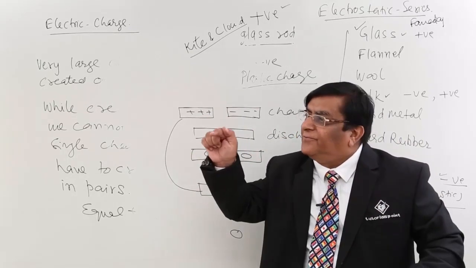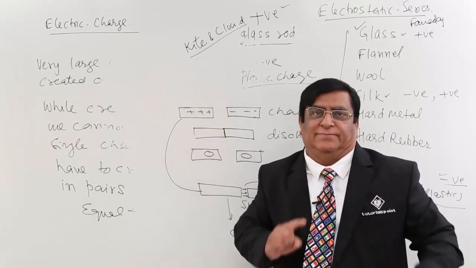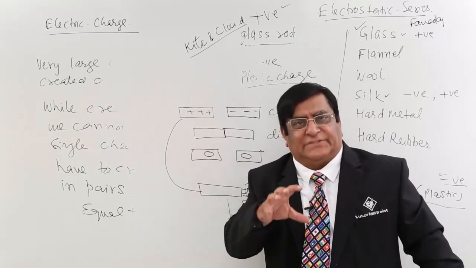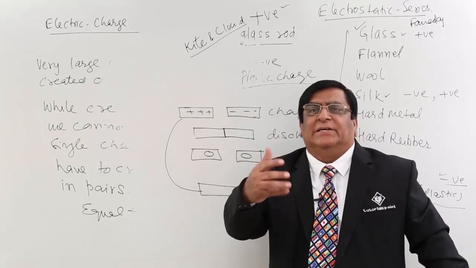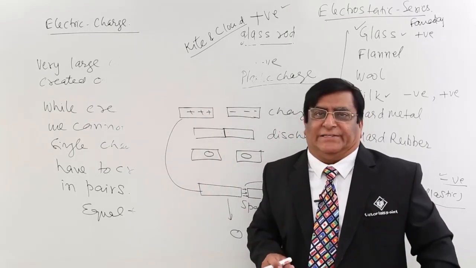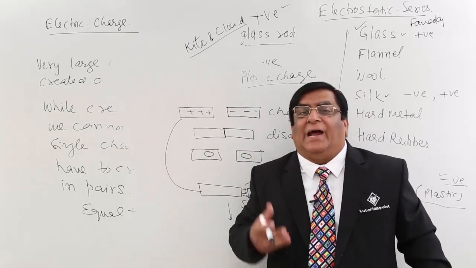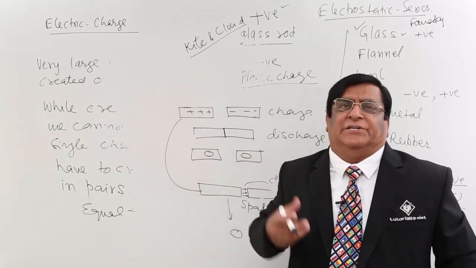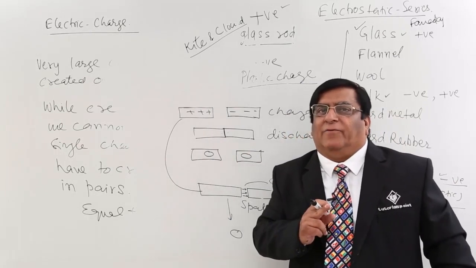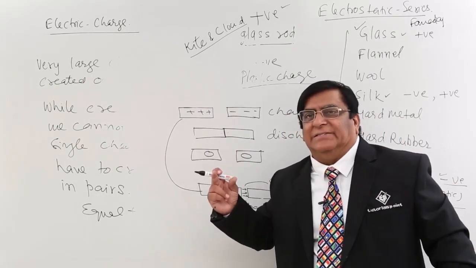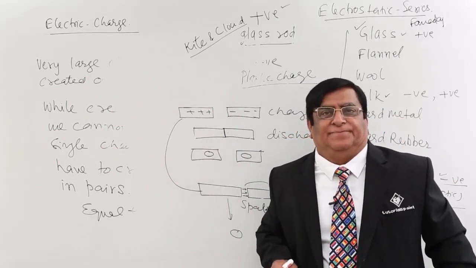And after that, if you touch it, you will get a shock. We have such things even now in physics. When you go to BSc or the higher classes, you will see those electrostatic generators, and they give very severe shocks. So shock was our indication that this body is charged.